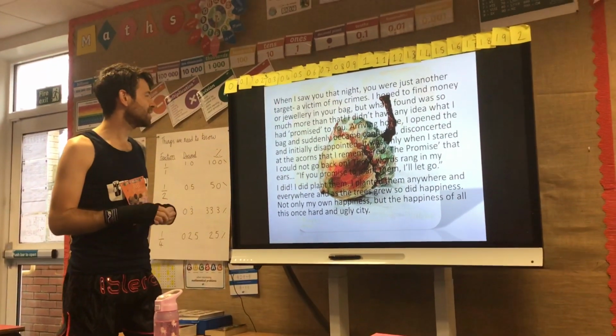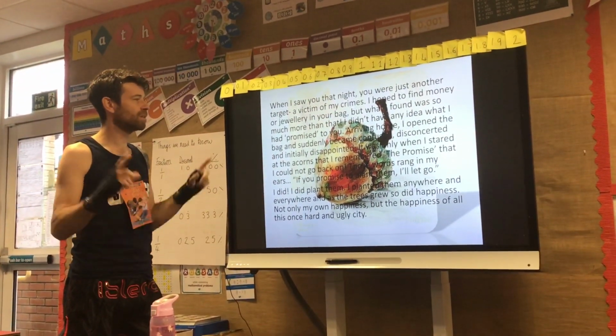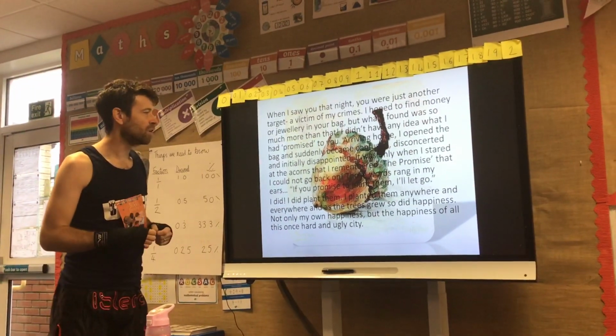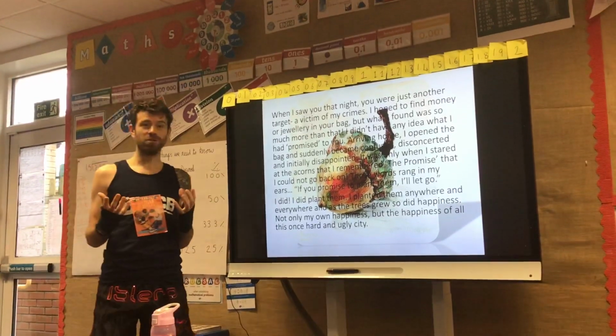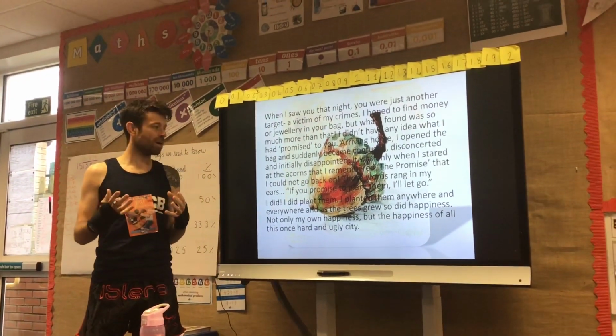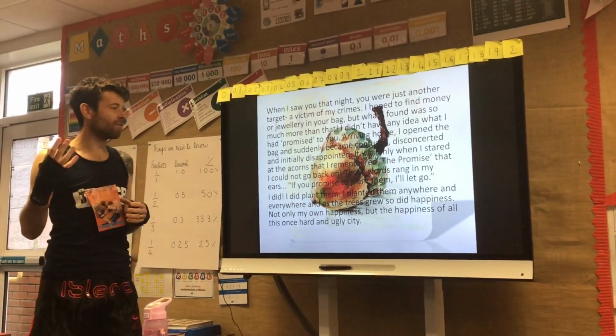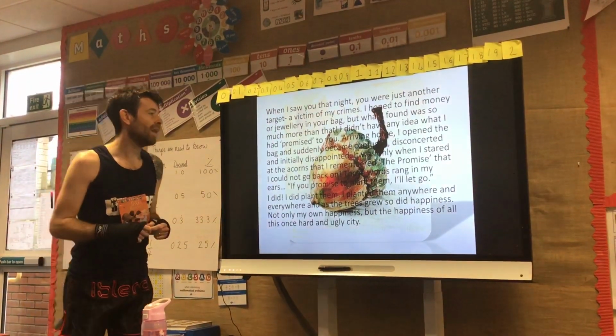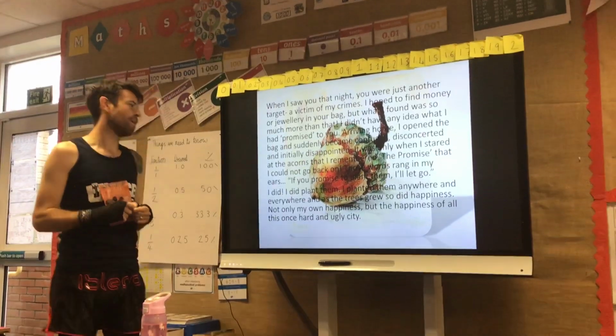It was only when I stared at the acorns that I remembered the promise that I could not go back on. Those words rang in my ears, and I've used a bit of dialogue, a bit of speech. She's thinking about the words, which are, if you promise to plant them, I'll let go. I did. I planted them.